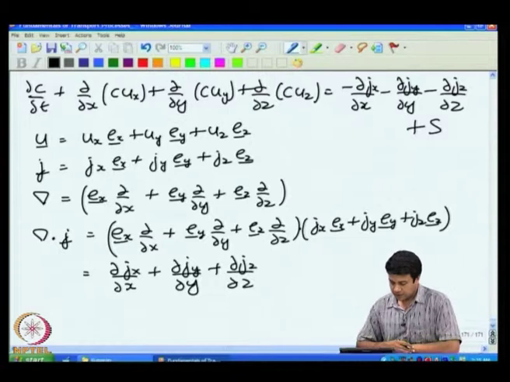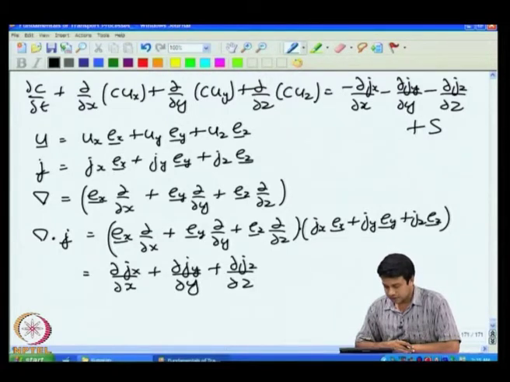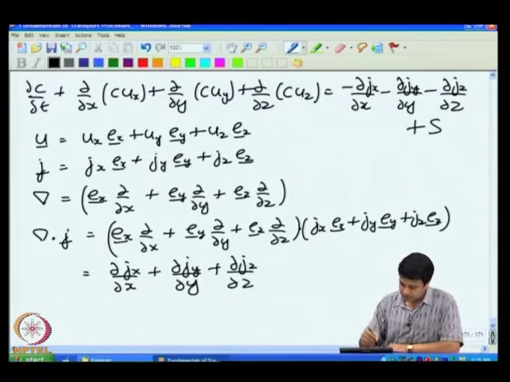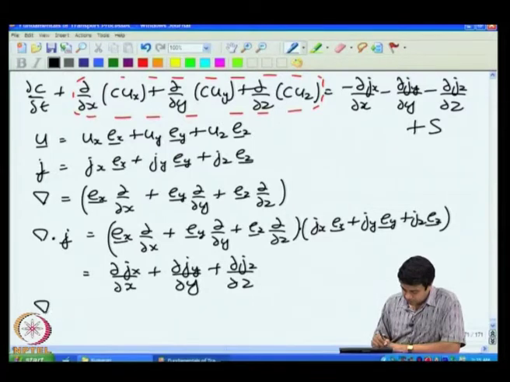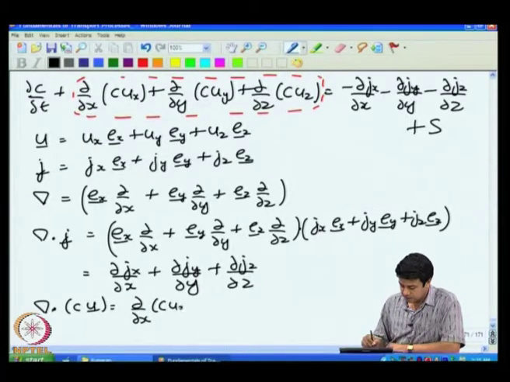So, therefore, I can write the right hand side as minus del dot j, where del is a vector, j is a vector. Okay. Similarly, these three terms on the left hand side I can write as del dot c u vector, okay, which will be equal to d by dx of cux plus d by dy.